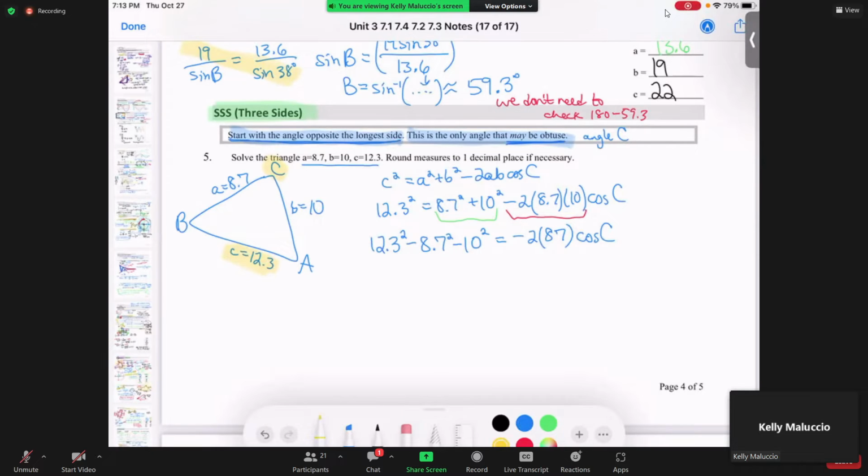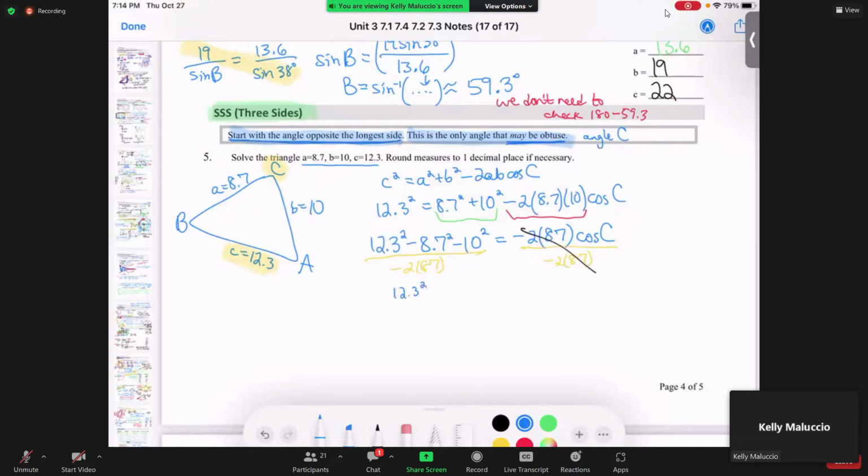And now I'm going to divide both sides by negative 2 times 87, so that I can cancel them here. And I get cosine of C is this whole big thing. Maybe I'll write it again.